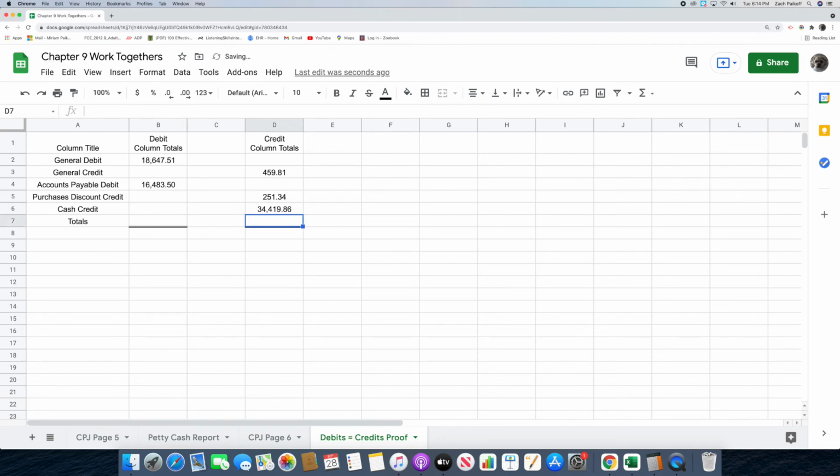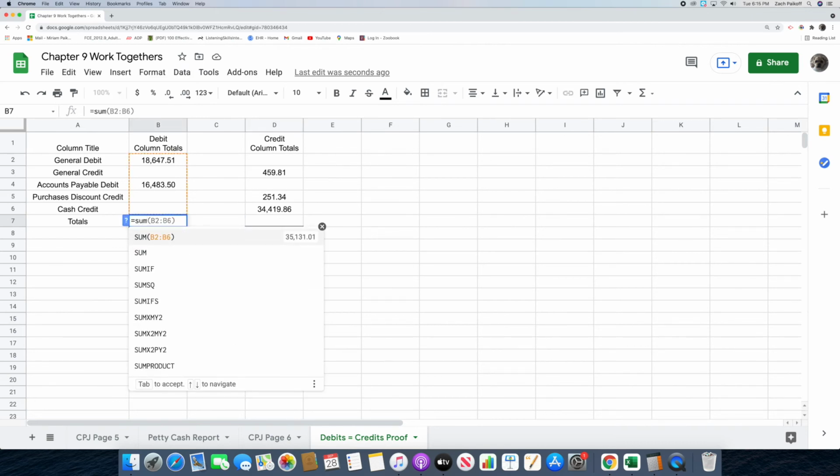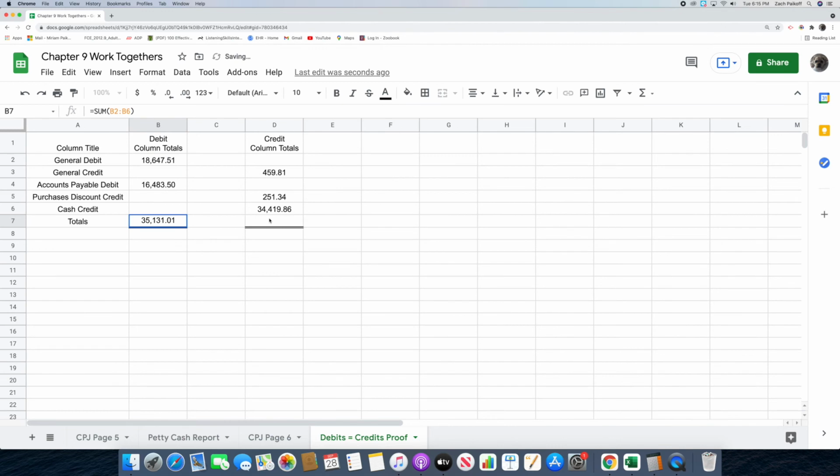The next thing that we're going to do is, using the sum formula, we are going to total the debit column totals and also the credit column totals. So we're going to type in equals sum, select cells B2 to B6, and then press enter. And that gives us $35,131.01.